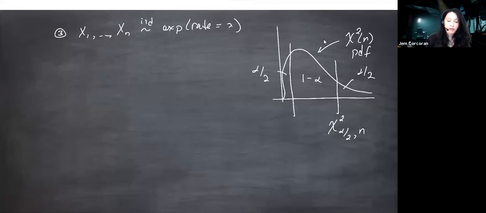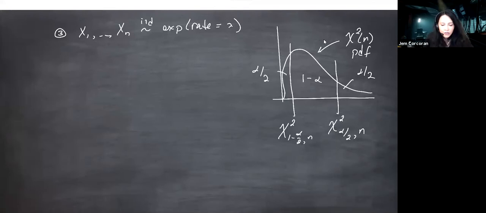So be careful if you're reading websites or other books. The critical value, like a z sub alpha, could possibly, but not likely, cut off alpha area to the left. And then if we have, for our lower critical value, alpha over 2 to the left, then we have 1 minus alpha over 2 to the right. So I would call this chi-squared 1 minus alpha over 2, and then an n. I don't think you can really read that alpha, but I think you know what I mean, hopefully.